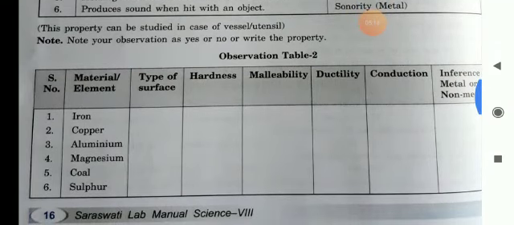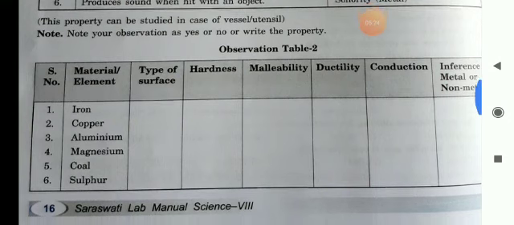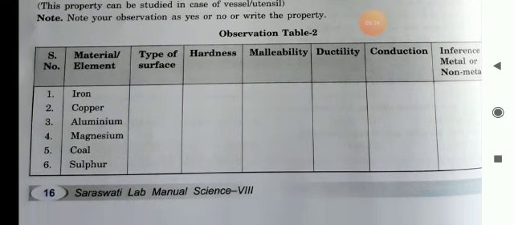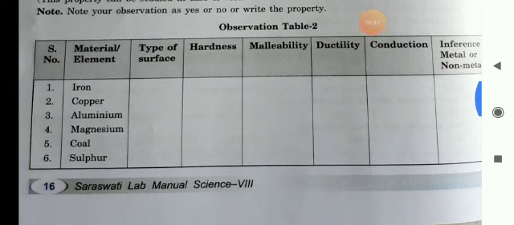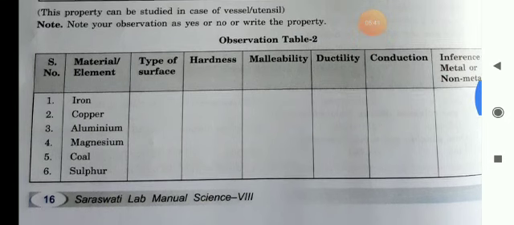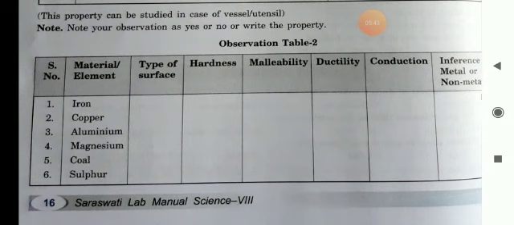So note your observation as yes or no, or write the property. Here the materials which we have taken: iron, copper, aluminium, magnesium, coal and sulfur. From 1 to 4, iron, copper, aluminium and magnesium, all the properties are shown by them.